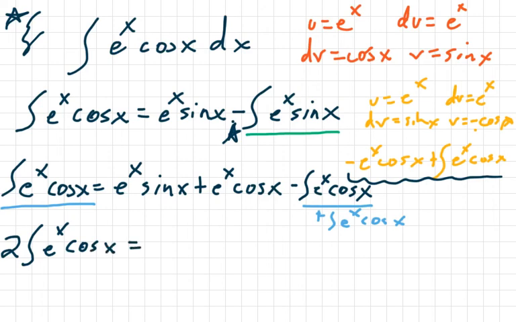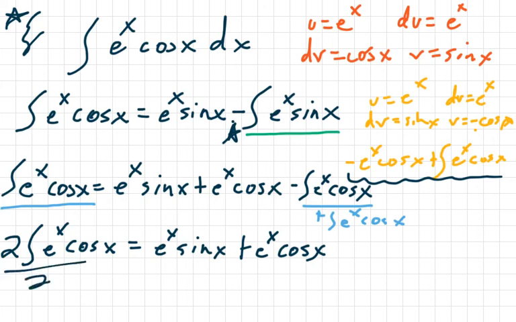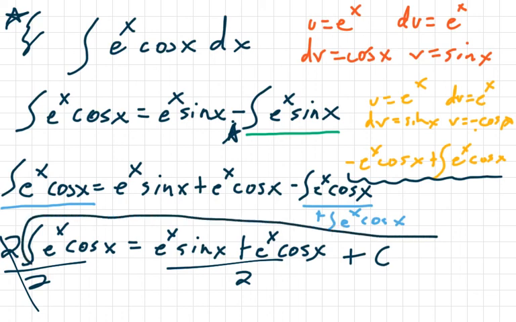And it's going to equal e to the x sine x plus e to the x cos x, like so. And the only thing that we need to know is the integral of e to the x cos x. So now I'm just going to divide the 2 out, and we're done, right? There's our answer. I'll just put my plus a constant on the end, and you can see here that I'll box in our answer.